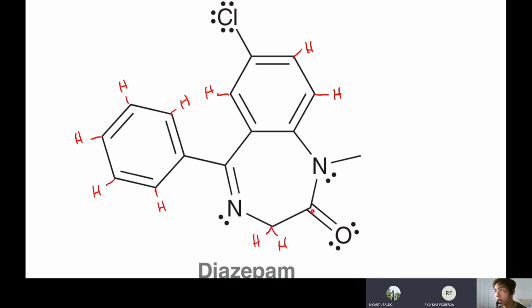Wala na po. Eto, wala na, no? Kasi may 4 na bonds na. Ito, wala na po. Itong carbon dito, ay, 3 po. So, 3 yan, no? Kasi isang bond lang siya to nitrogen. So, yung 3 remaining bonds kay hydrogen na.